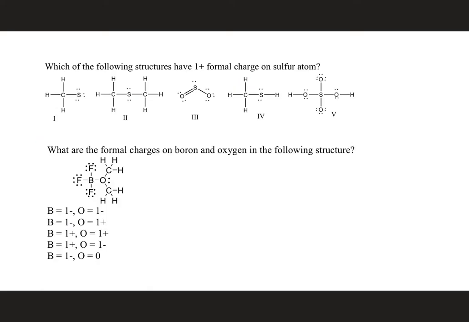Which of the following structures have a 1 plus formal charge on a sulfur atom? Sulfur is in group 6, so you want to have either 6 bonds or 4 bonds and a lone pair, maybe 2 bonds and 2 lone pairs on sulfur.